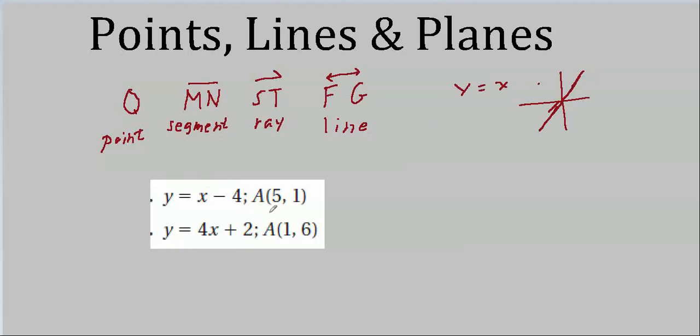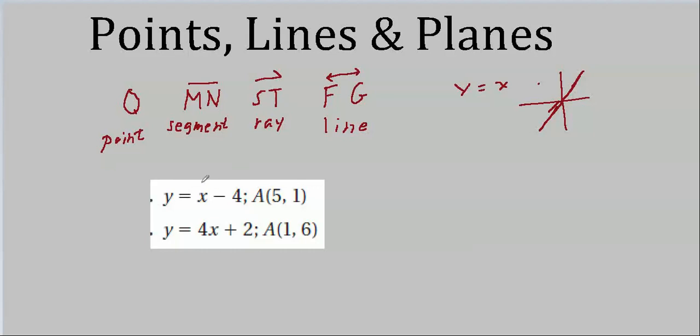Now, I'm sure you remember this. These are nice, simple linear functions, or linear equations, or lines. They come with lots of names. The question is, would this point be on this line?